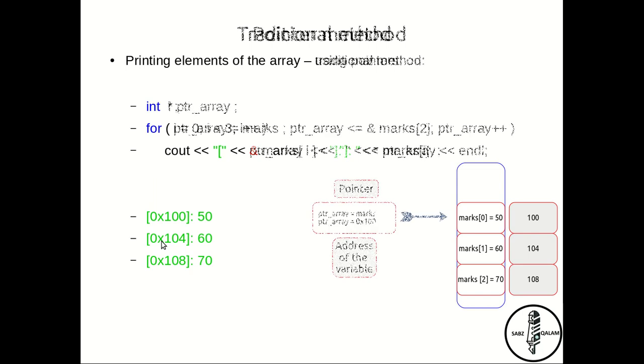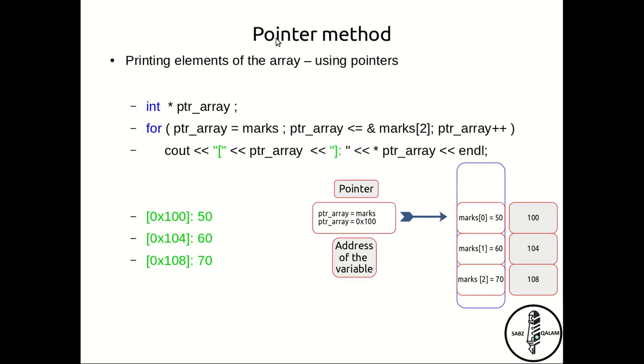Now if you want to do the same thing using pointers, we would try something different. We would actually initialize the pointer to point to the array. So pointer array pointing to the array literally means you point to the 0th location of the array, since it's been initialized to 0x100. And then I'm going to increment this all the way till I reach the last location.